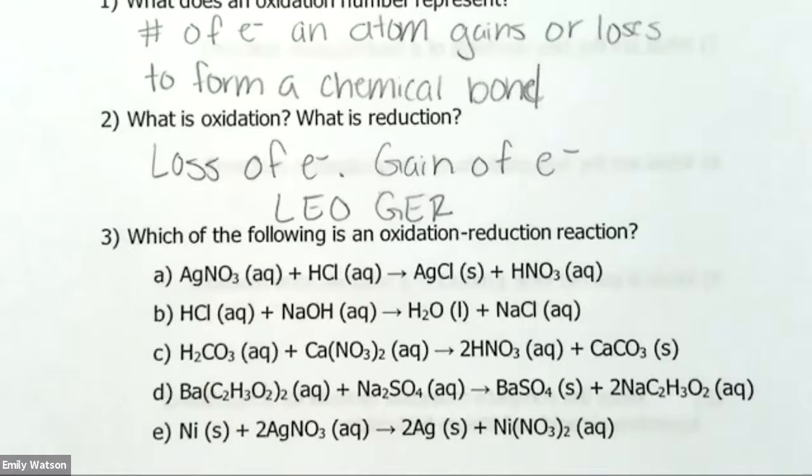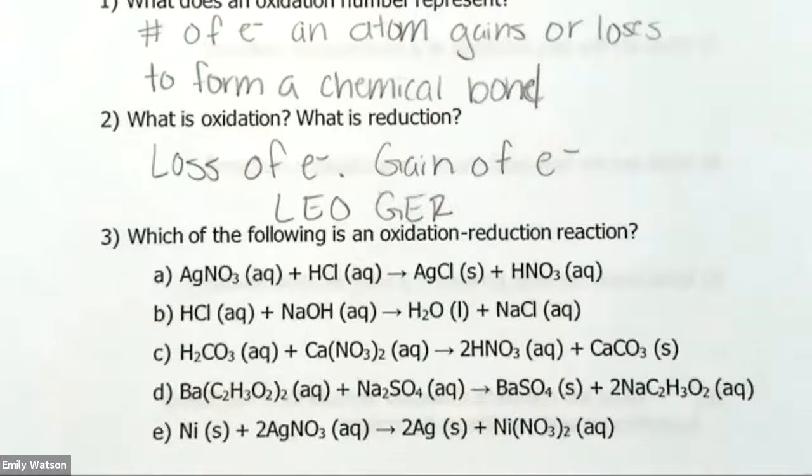I think the part that trips most people up, at least tripped me up when I first took this class, was that gaining electrons is reduction. Losing electrons feels like it should be reduction, but it's flipped.